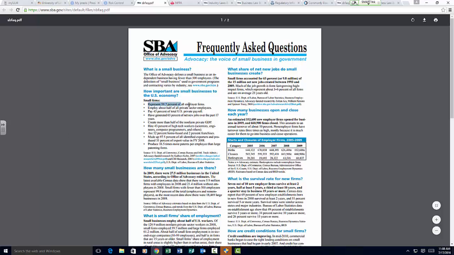Notice that small firms represent 99.7% of all employer firms. They do only make up about 43% of total U.S. payroll, but they have generated 65% of net new jobs over the past 17 years, and 43% of payroll is significant.